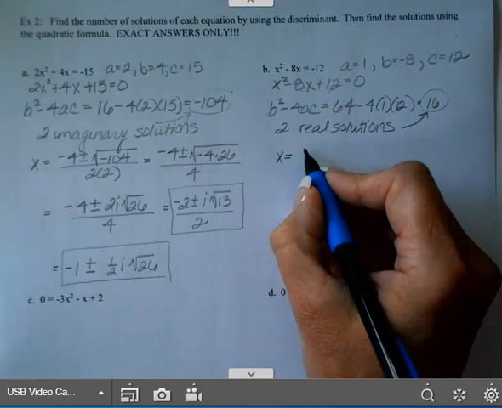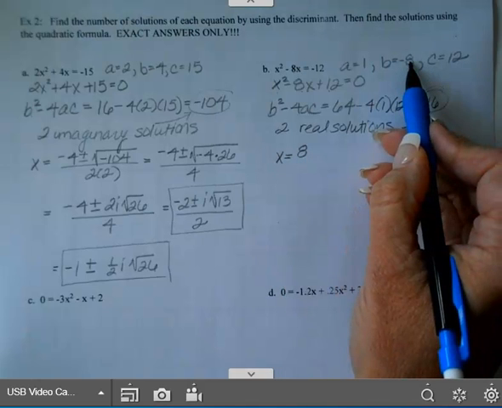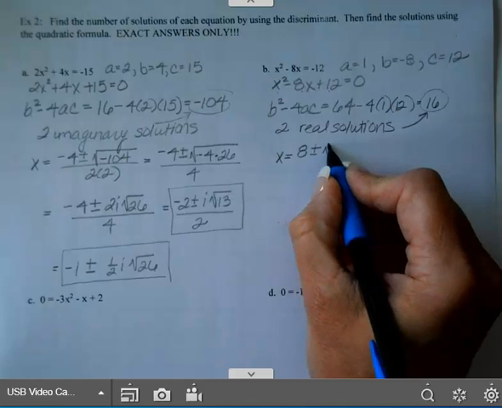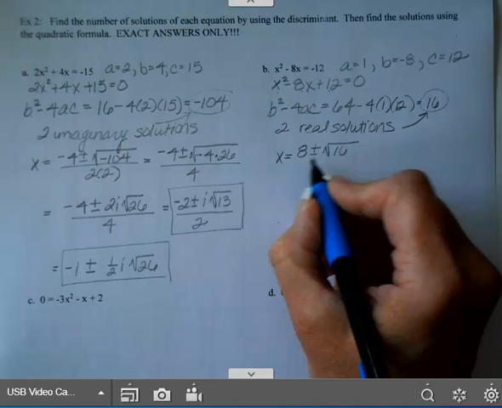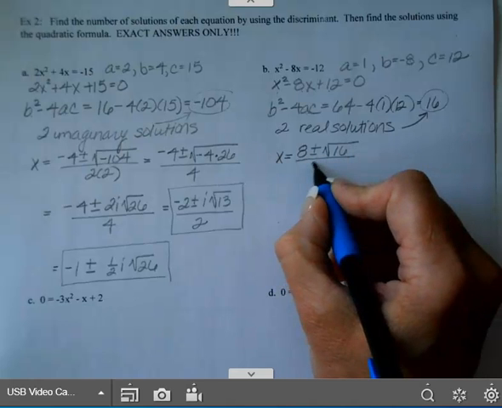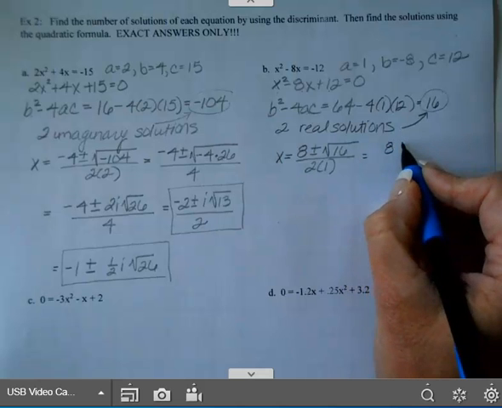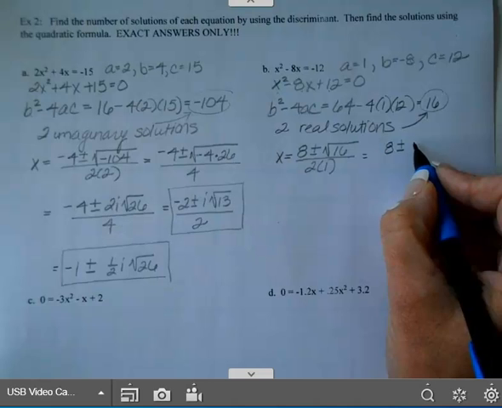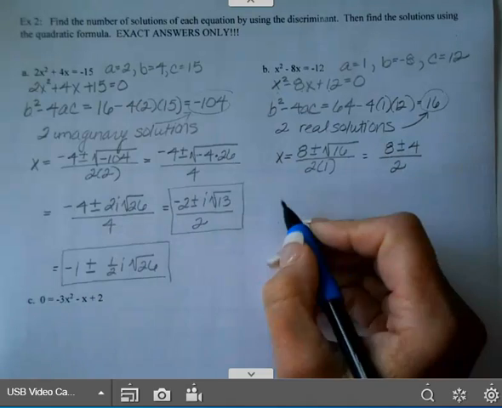So x equals the opposite of b, so that's going to be opposite of negative 8, so that's positive 8, plus or minus the square root of our discriminant, which we found was 16, and that is all over 2 times a. So that's 8 plus or minus square root of 16 is 4, and that's over 2. So I have two solutions.